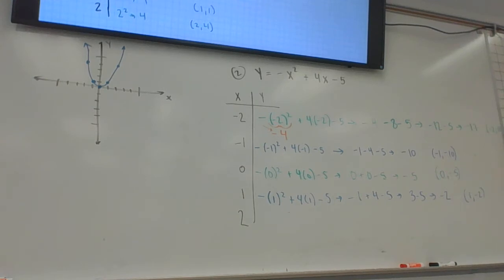Like over here. So like negative sign with the x, and the negative sign with the x, and how is that right?